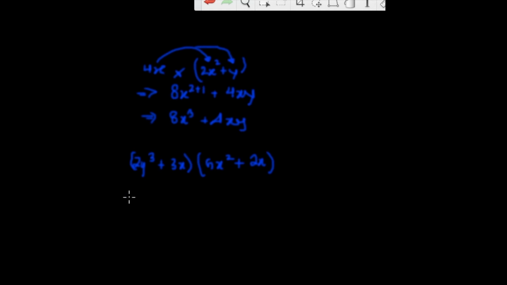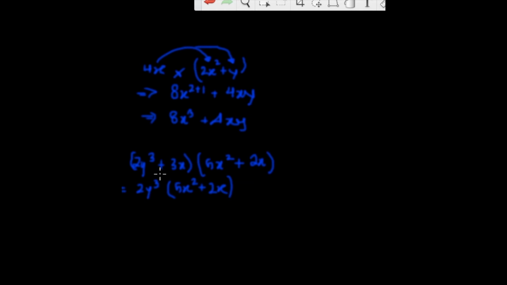Now to make it a little easier, you can write it out like so: 2y cubed times (5x squared + 2x).